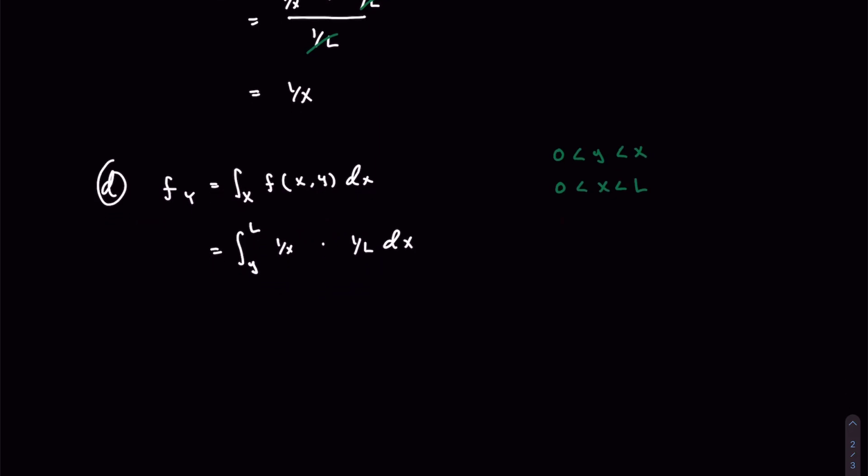Okay, and here we can treat this term as a constant. 1 over x is actually the derivative of the natural logarithm, so if we take the derivative of the natural log, we get 1 divided by x.